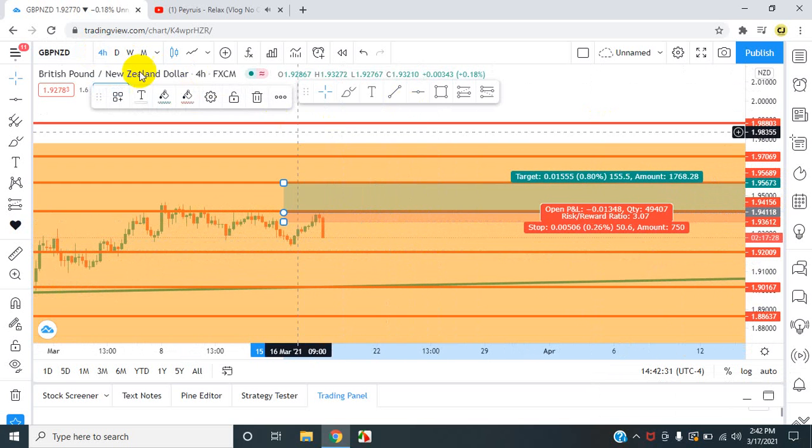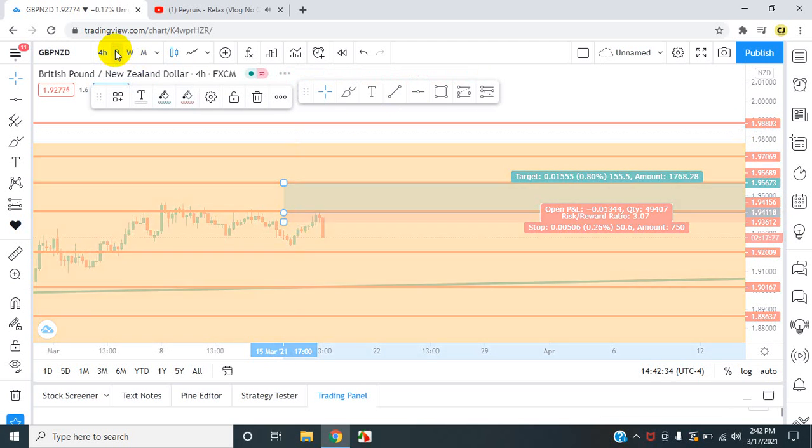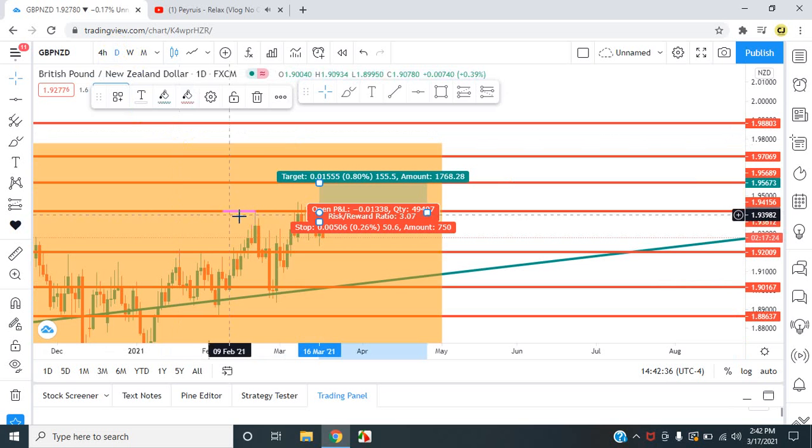If we were looking for entry and we caught it above the price action at the resistance line, that would give us a total of 155 pips up to the next TP, which is an amazing trade. If the market goes back to our low, it'll take us out for 50 pips on the low, which is still an amazing trade. 155 on the way up, 50 on the way down.